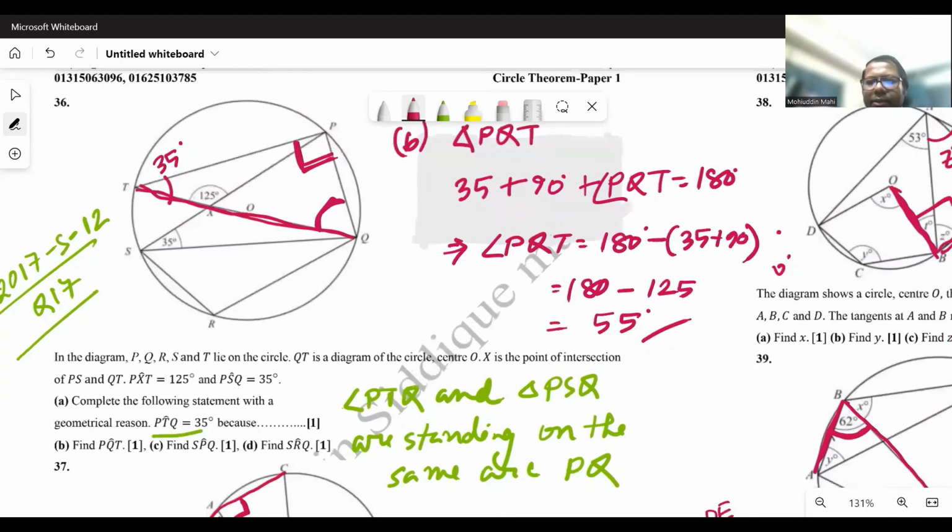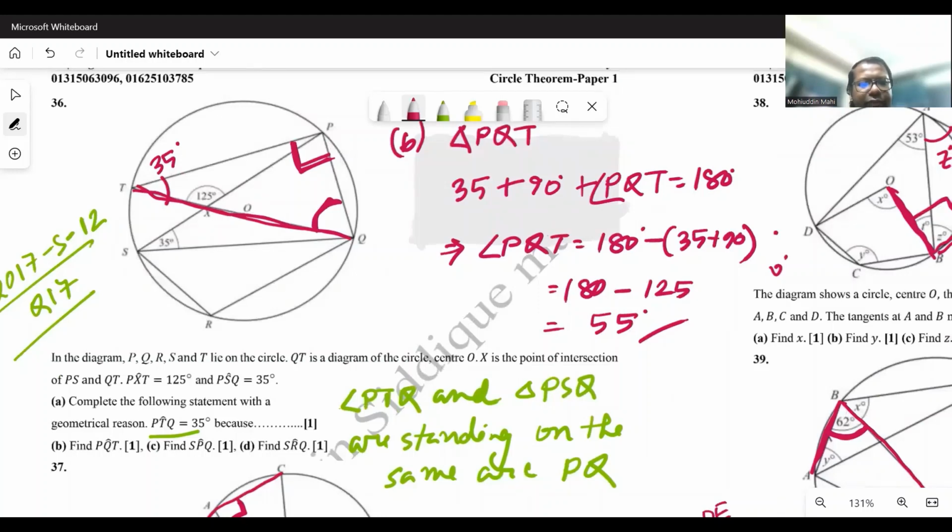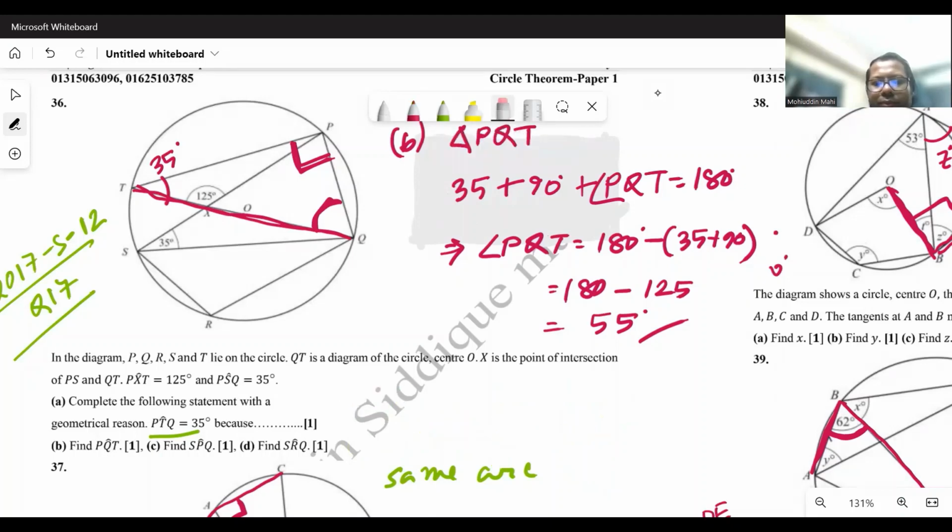Okay, fine. Next question, C. We have to find SPQ.